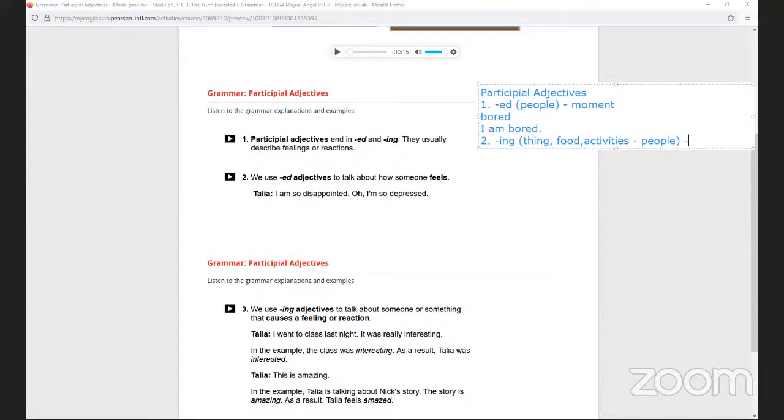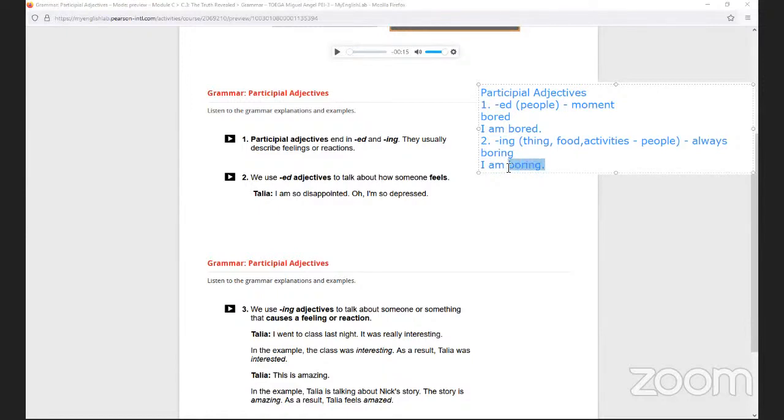Because when we use the ing form, we are not talking about adjectives only for a moment. We are talking about adjectives that are all the time, that are always true and we can't change. For example, I can use boring too. If I say, "I am boring," the difference is that I am always boring. This is my essence.